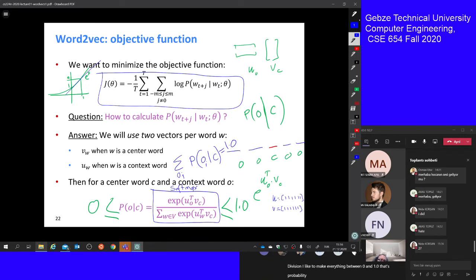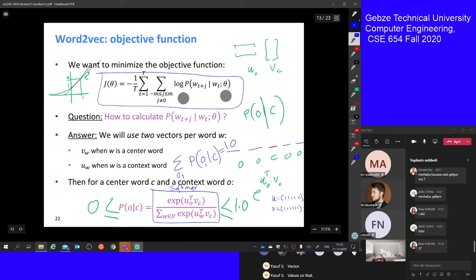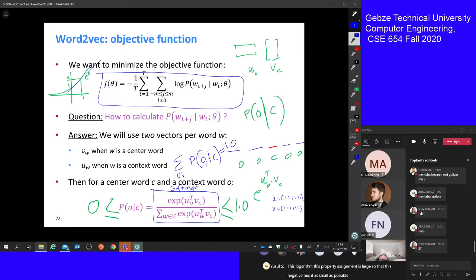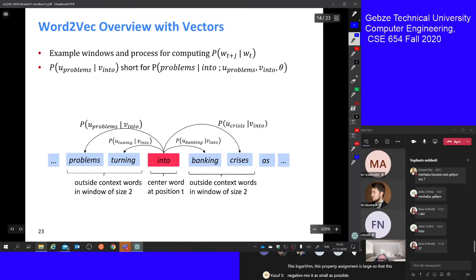So I should come up with vector values so that this logarithm, this probability assignment, is large, so that this negative makes it as small as possible. How am I going to do it? I will show you in a few minutes.